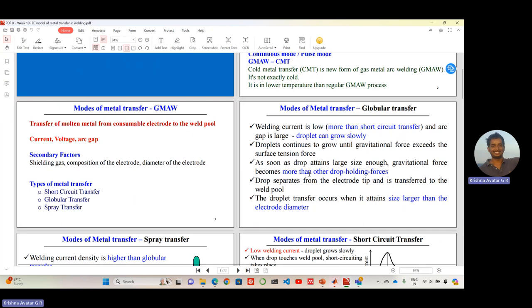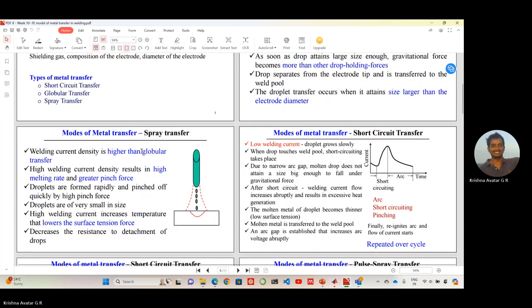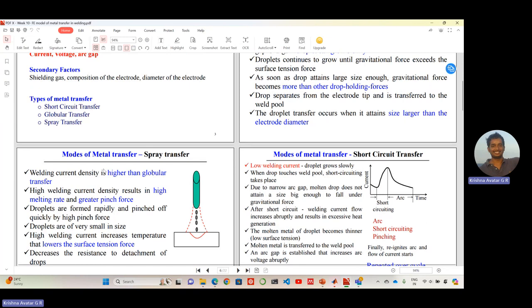That is what happens in globular transfer. The transfer takes place in the form of globules. The melted metal drops off, and droplet transfer occurs when it attains a size larger than the electrode diameter.